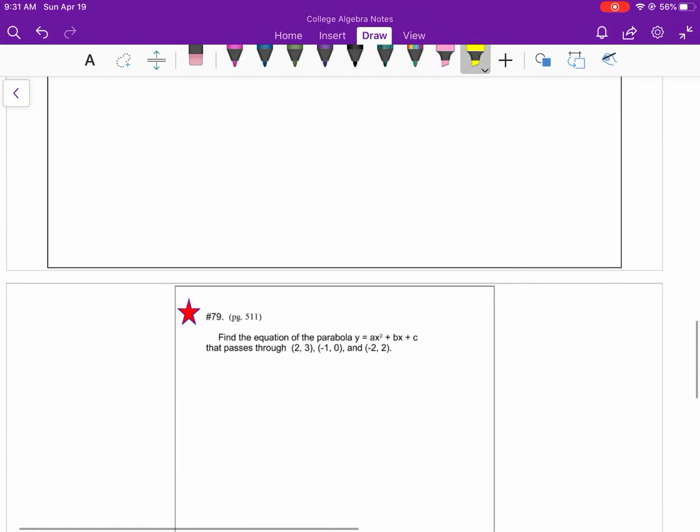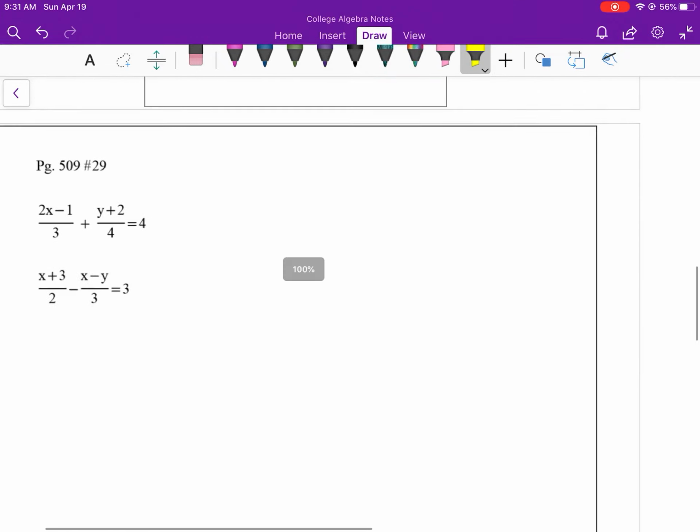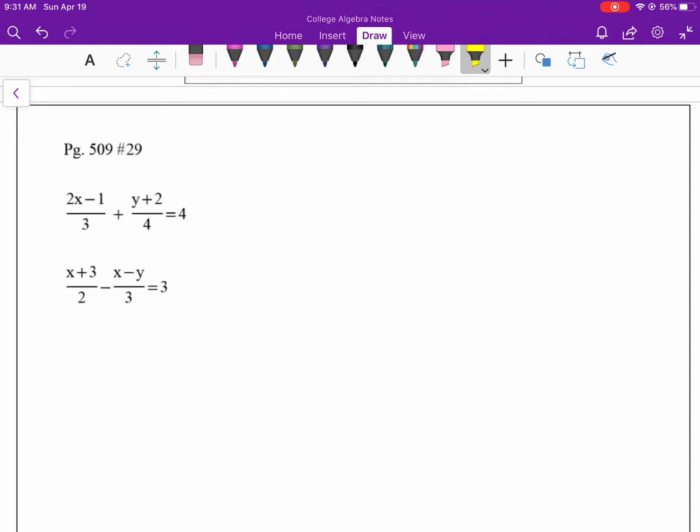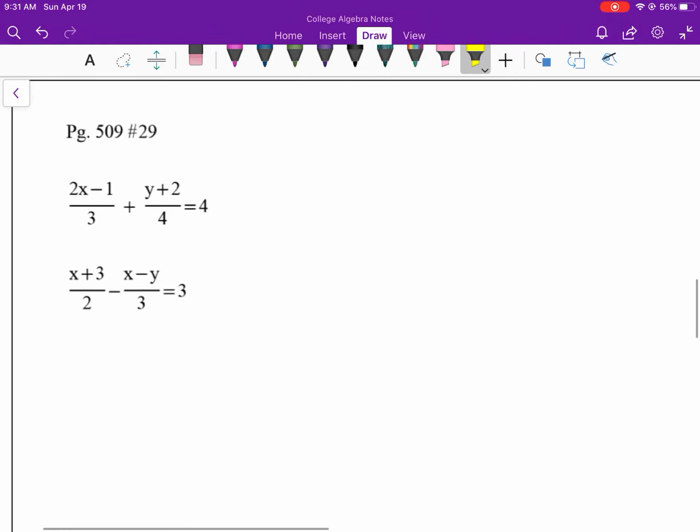Actually, let's do this problem first before I stop you. With this one, let's get rid of your denominators first. So if you see problems like this in your homework, multiply everything, both sides, by your common denominator.